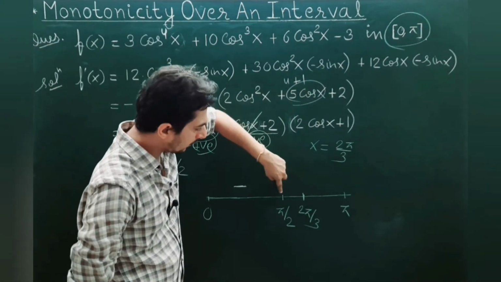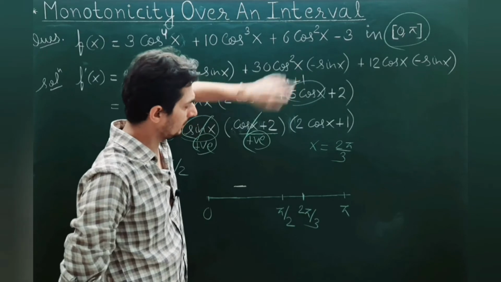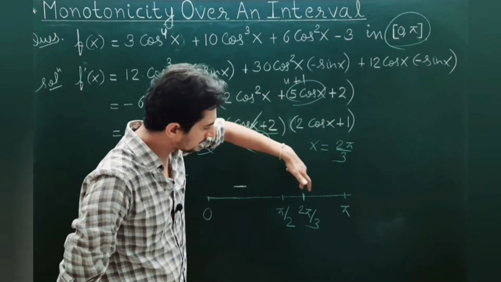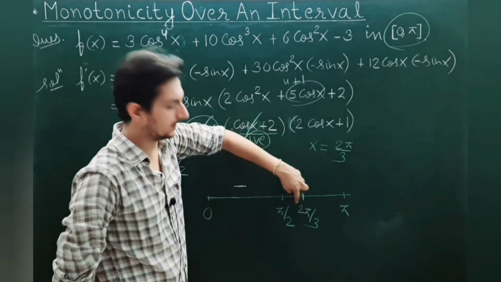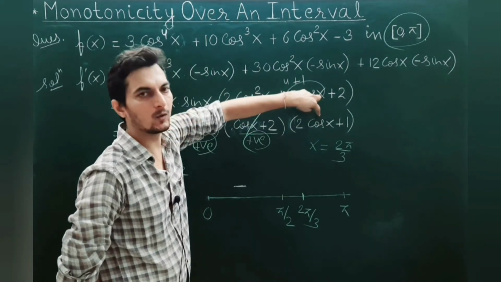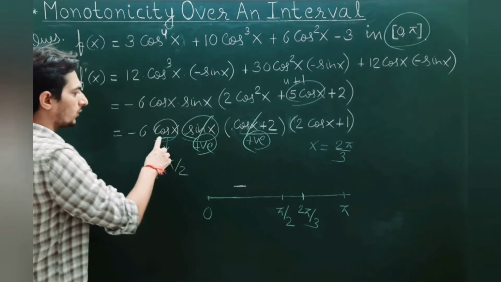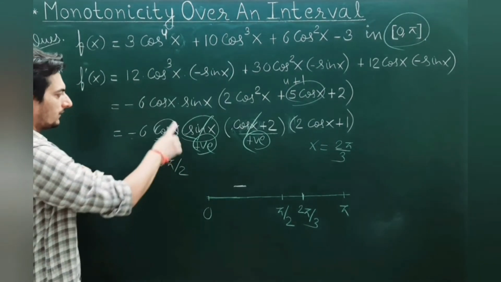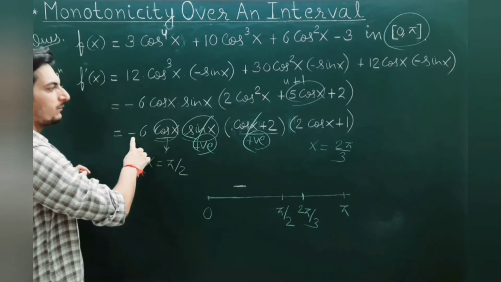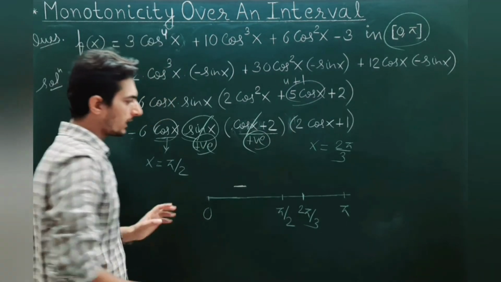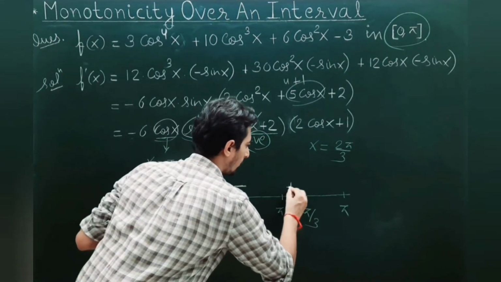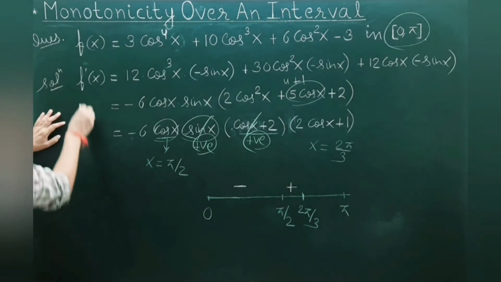Cos at pi by 2 is 0, but it will decrease to minus 1 at 2 pi by 3. Before 2 pi by 3, this is going to be positive. This is going to be positive. So this is positive, although this is negative, but because of this sign, this whole becomes positive. So negative, negative, positive, and everything else positive. So here I am having a positive sign of f dash x.